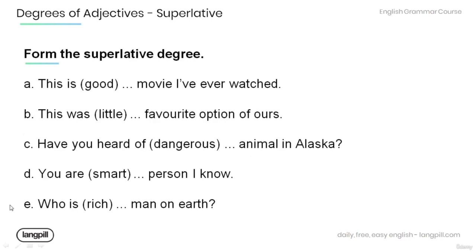And now, read the following sentences and form the superlative degree. A. This is good movie I've ever watched. B. This was little favorite option of ours.